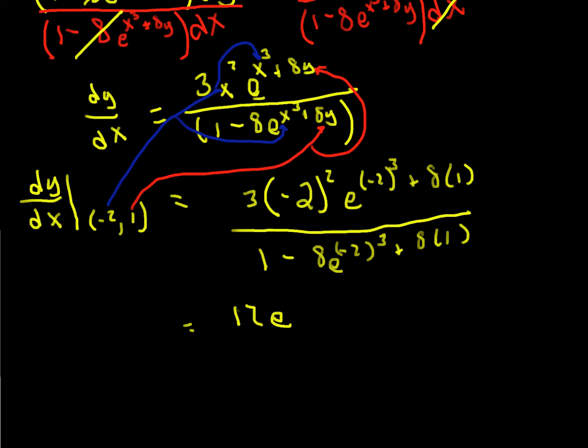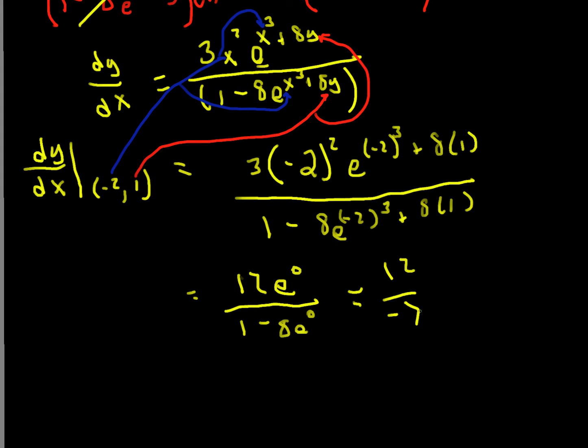E to the, so this is (-2) cubed, giving me -8. And I'm going to add 8 to it, so the exponent there is a 0. All divided by 1 minus 8, and for the same exact reason, e to the 0. E to the 0 is 1, so this is 12 over -7.